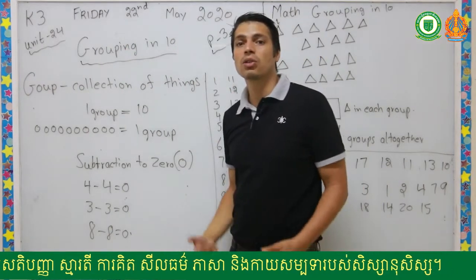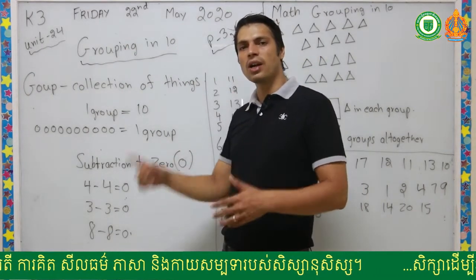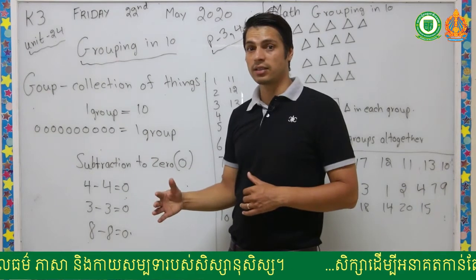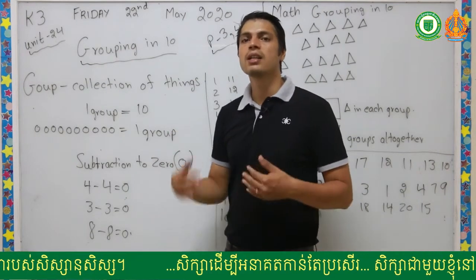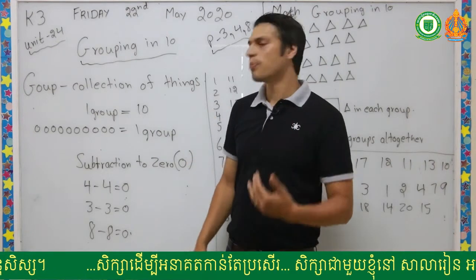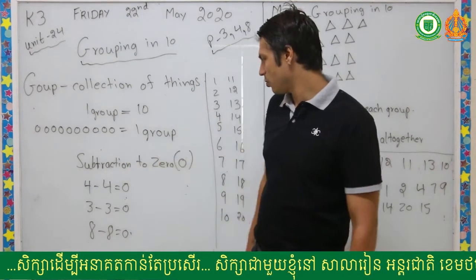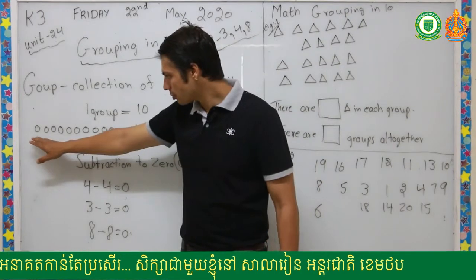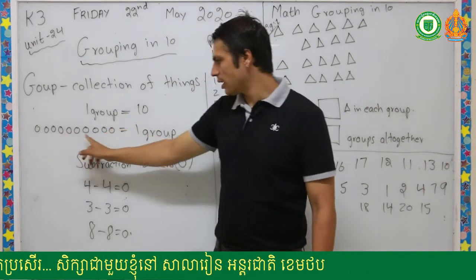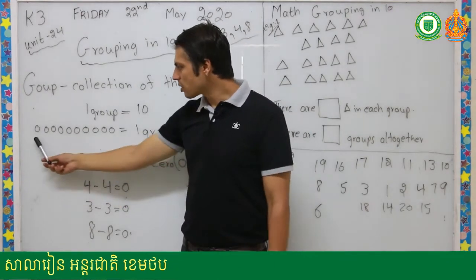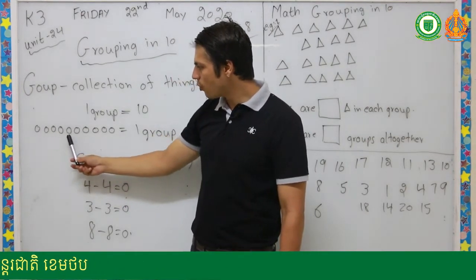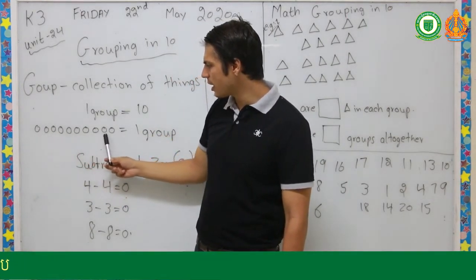When we talk about grouping in tens, that means one group has 10 things. It could be anything: 10 numbers, 10 erasers, 10 pencils. I have one example here. You can see how many circles? 1, 2, 3, 4, 5, 6, 7, 8, 9, 10.